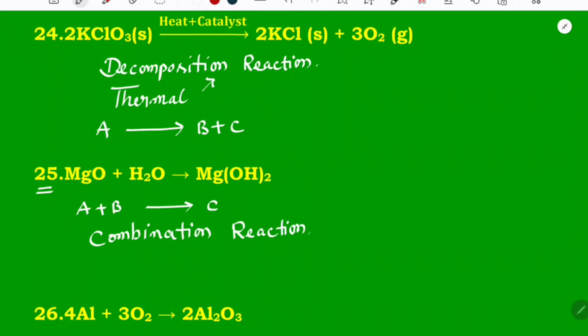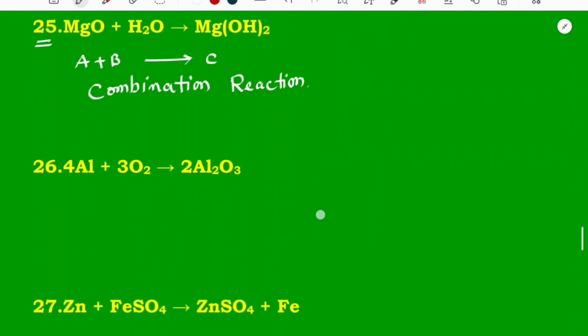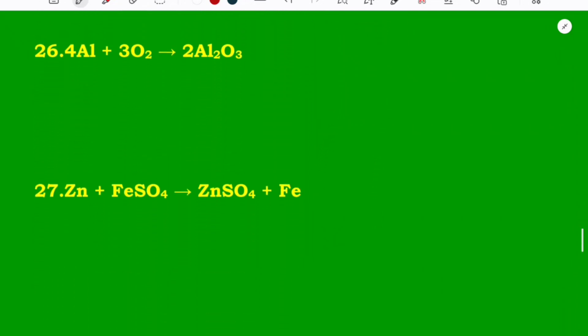So next reaction, aluminum is reacting with oxygen to form aluminum oxide. So here you observe, A and B, two reactants combine to form a single product.